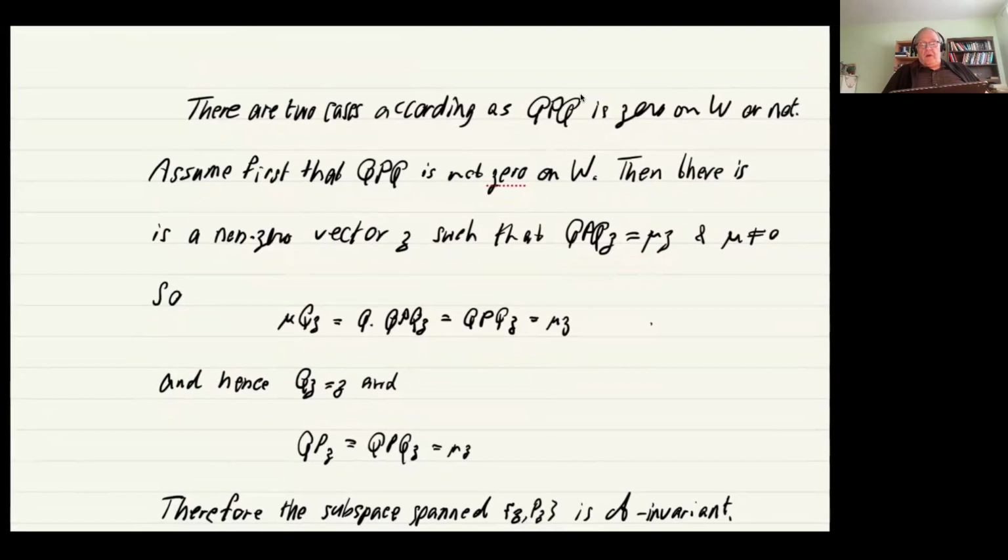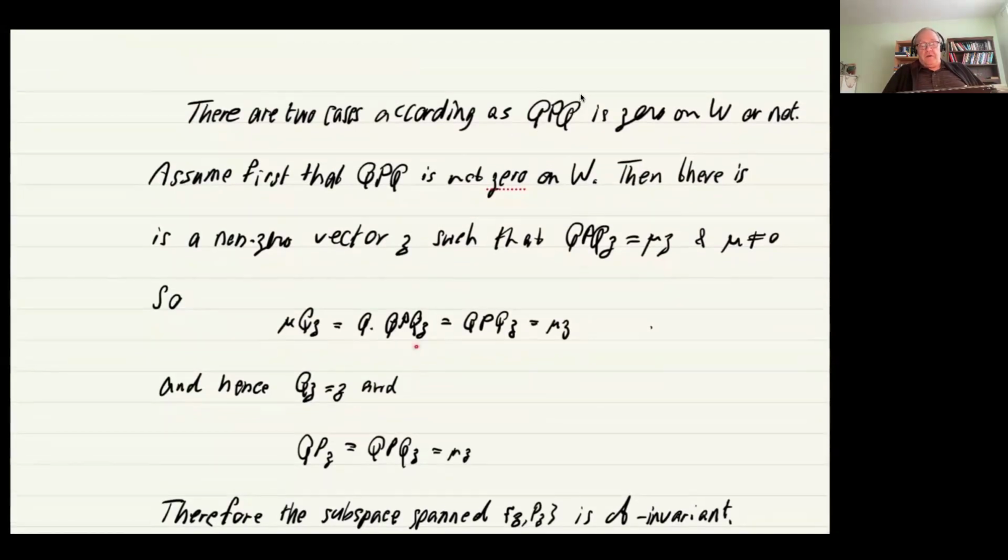Now we observe that mu applied to QZ is equal to this, equal to mu Z. And so we just see that QZ fixes Z. So if Z is an eigenvector for QPQ and mu is not zero, then Z is fixed by Q. So it's an eigenvector for Q, for what that's worth.